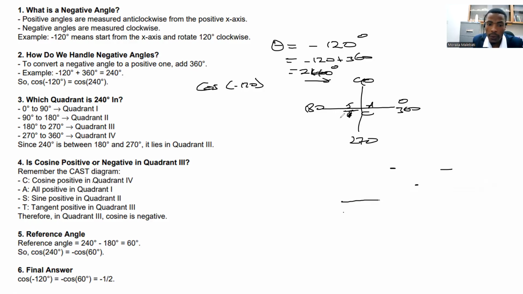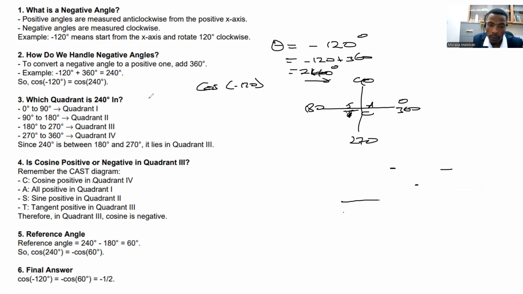Because cos is negative in the third quadrant, what do we do then? We already got the sign. Remember, we got the sign, CAST. Because cosine is negative, let's find our angle. We are doing reduction now.